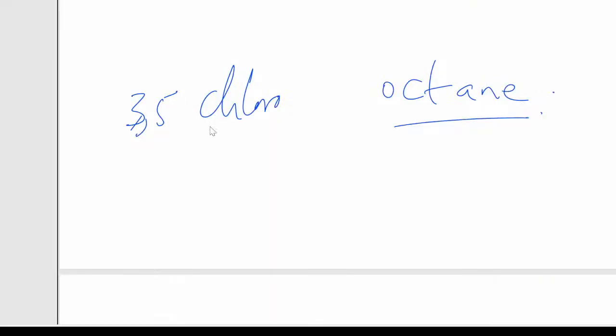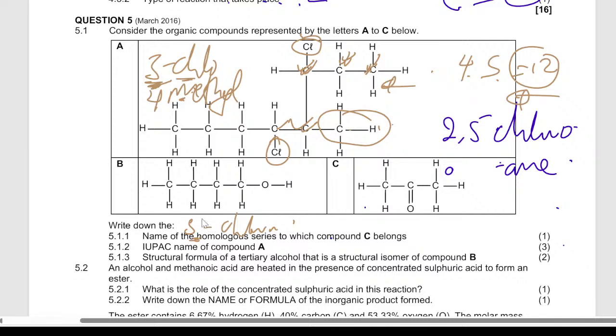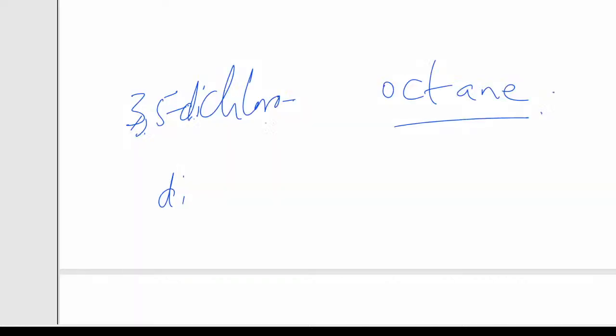So we have to describe it. Di means two, so it becomes 3, 5 dichloro, dash. Then I come to the methyl, 4-methyl octane. That's it. It's 3, 5 dichloro 4-methyl octane.